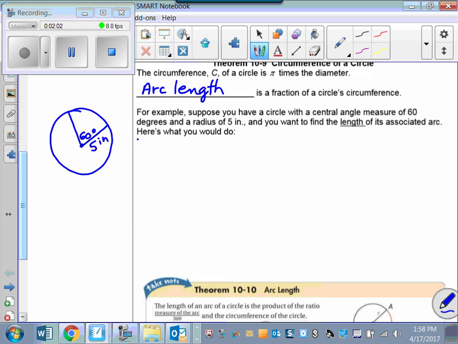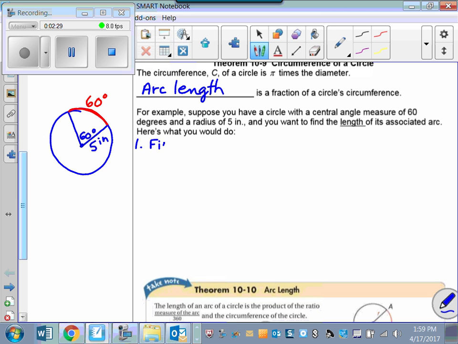I want to find out what fraction, and here's the arc I'm talking about here, I want to find out what fraction of the whole is that. Well, I know that arc is a 60-degree arc, right? I know all the way around the circle is 360, so what fraction of the circle is that arc?